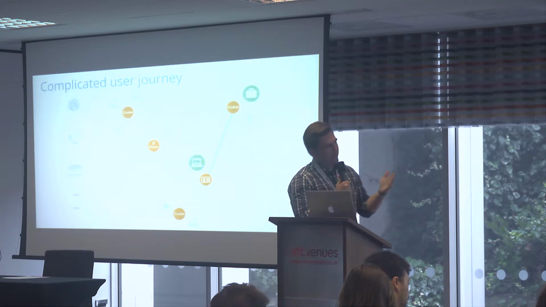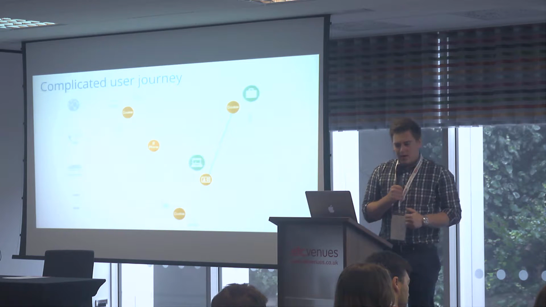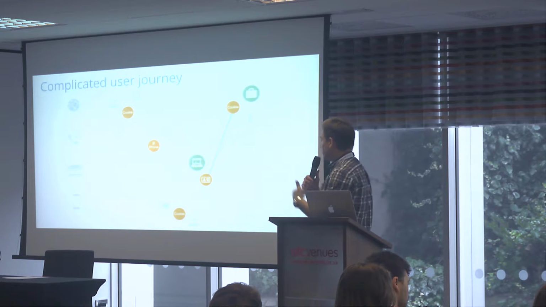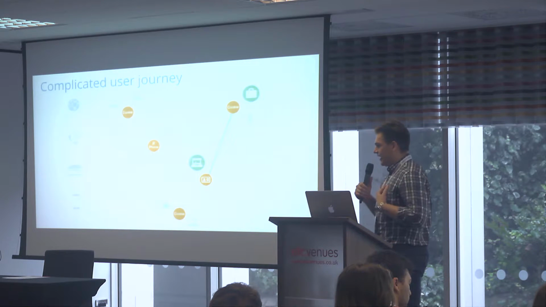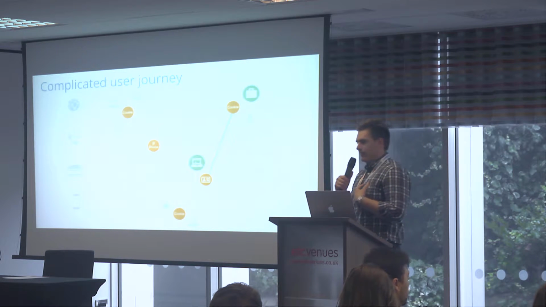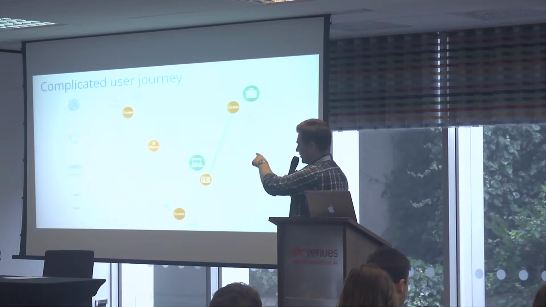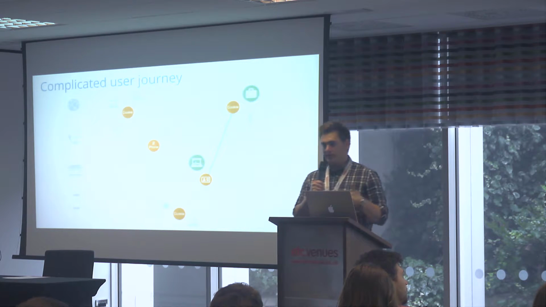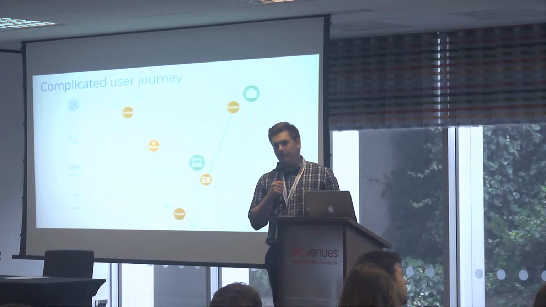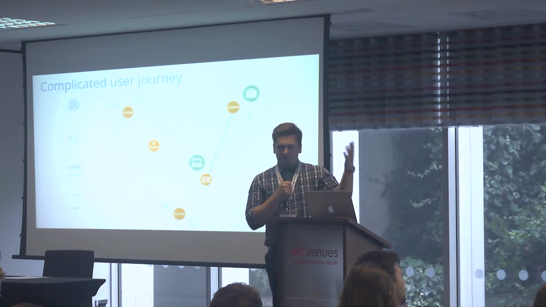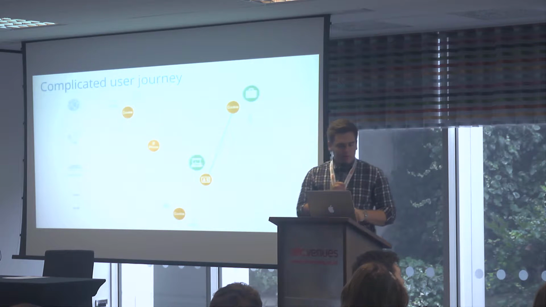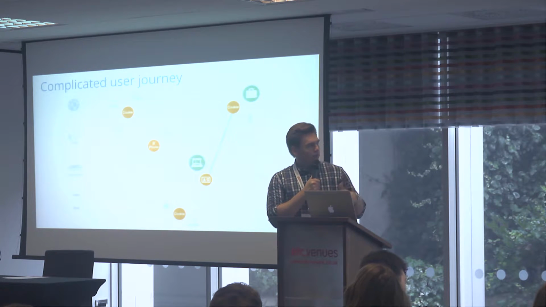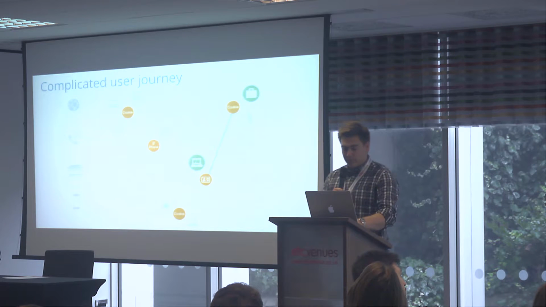As you see, I use several touch points, and some of them are not measurable. As a company, I cannot understand that the person who visited the website is the same person who visited my offline store, if, of course, I don't have a customer loyalty card that will connect all this data. So more and more, the user journey becomes complicated.